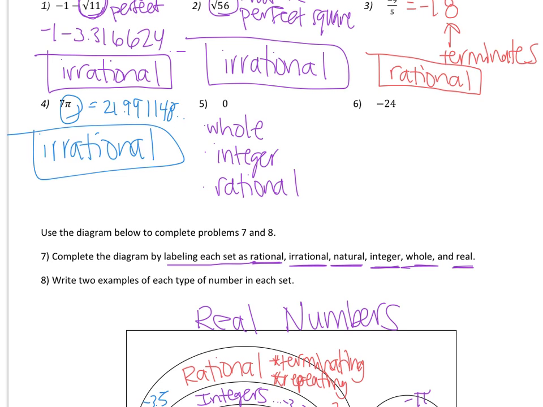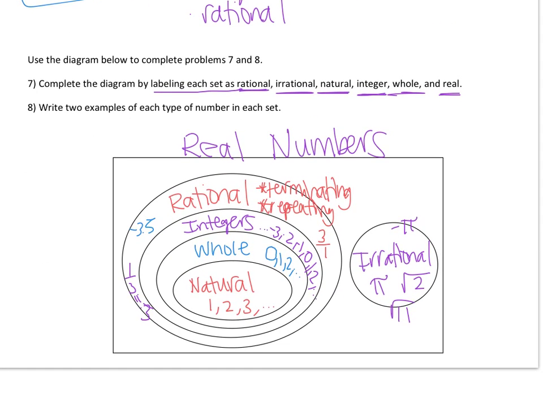Okay, we have one more, negative 24. If you look back at your list, negative 24, it's not going to be a natural because it's a negative. It's not going to be a whole number because that starts at 0 and goes up, but it is going to be considered an integer because we have our negative whole numbers here. We have our negative numbers, so it's going to be considered an integer.